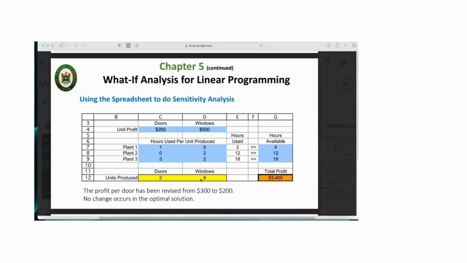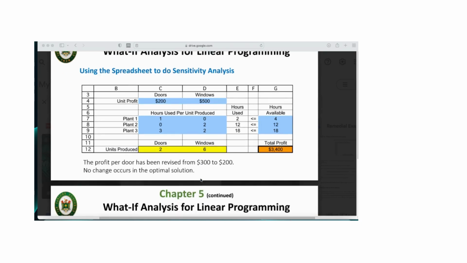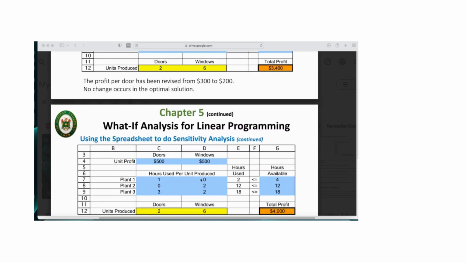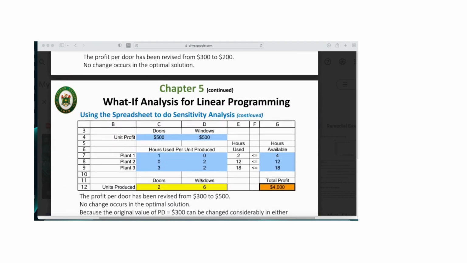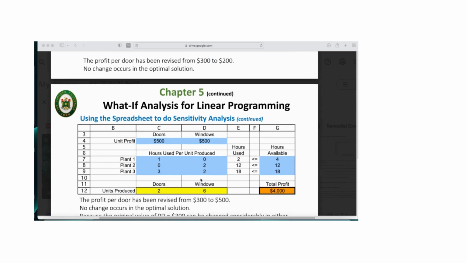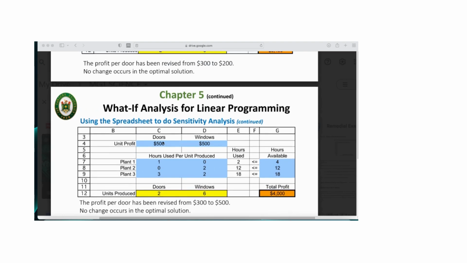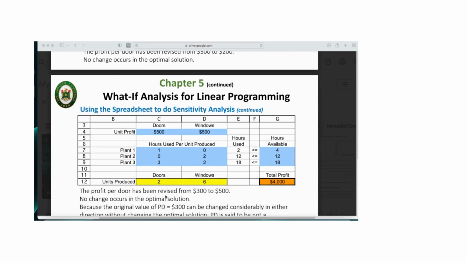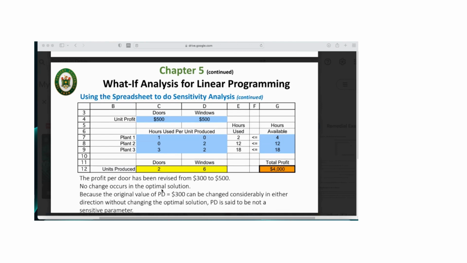If we further change it, now this time it was increased to 500. Earlier when it was decreased, there was no effect on the optimal solution. Now it's been increased to 500. Is there any effect? There's no effect. No change occurs in the optimal solution. It's still the combination of 2 and 6.